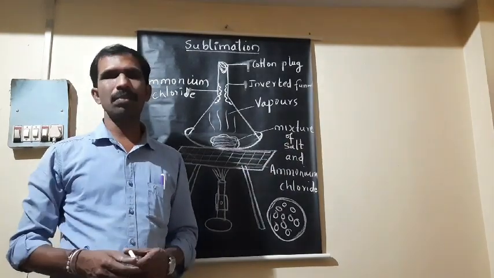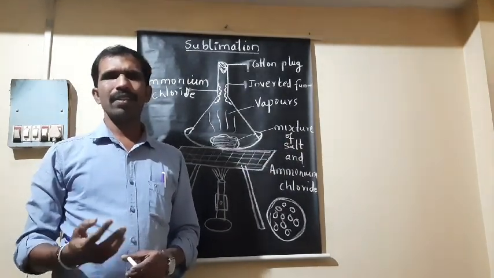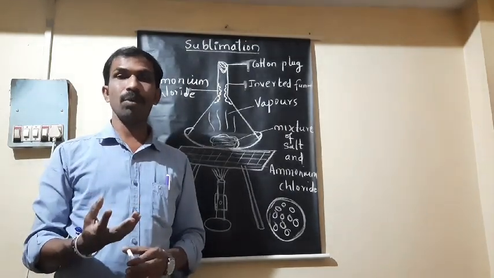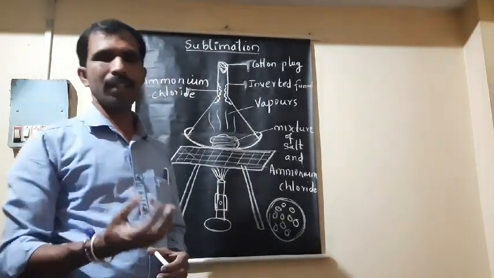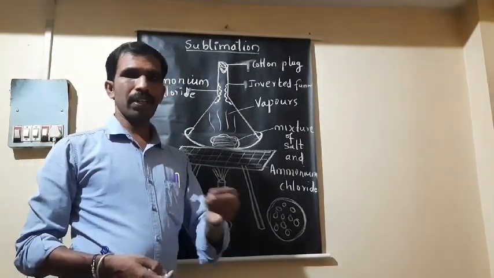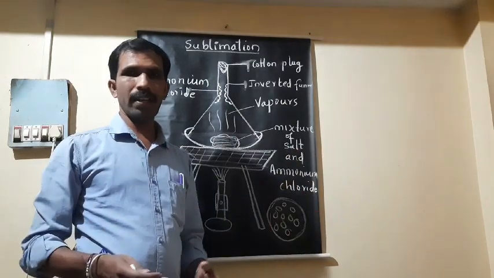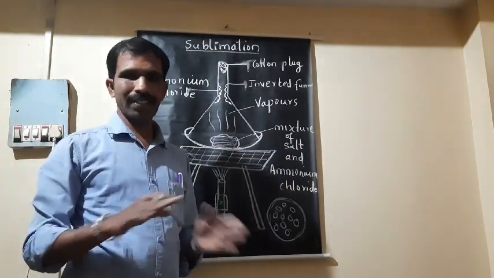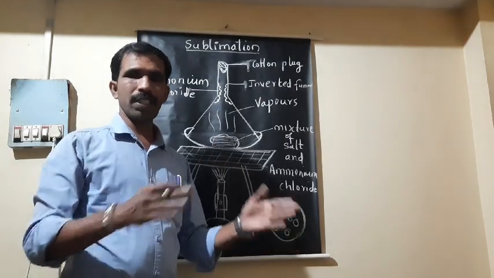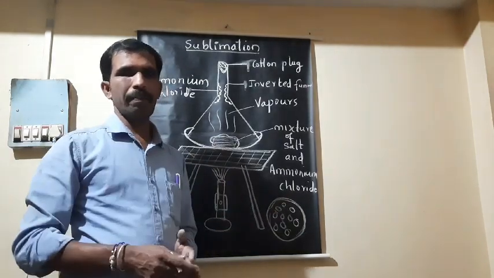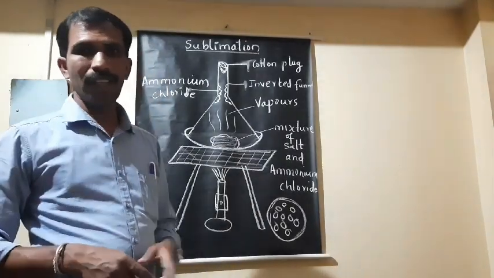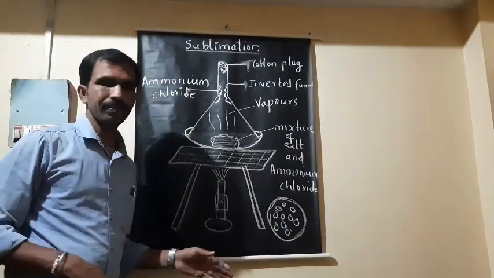Camphor and mothball, or naphthalene ball, are the best examples. If you keep a naphthalene ball exposed to air for many days, it will evaporate and finally disappear. So sublimation is a process in which a solid directly converts to gas without going through the liquid state.